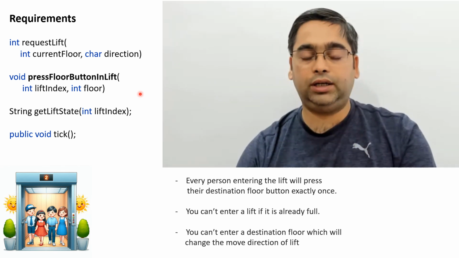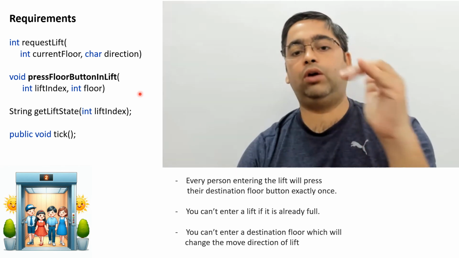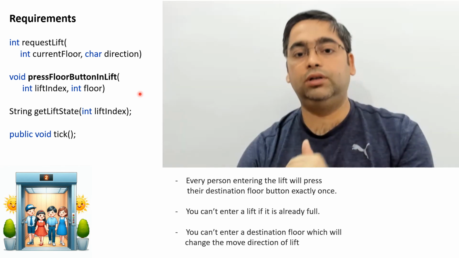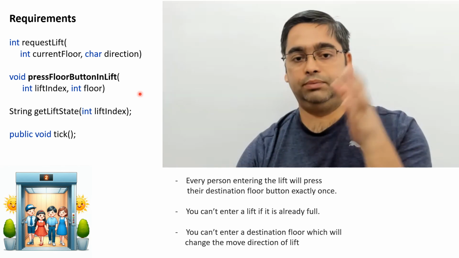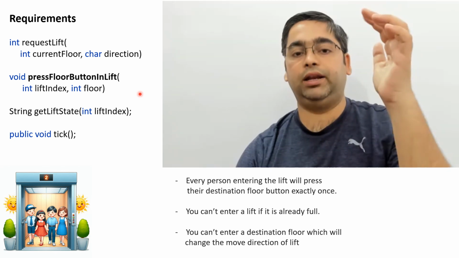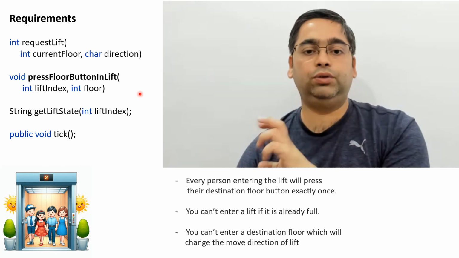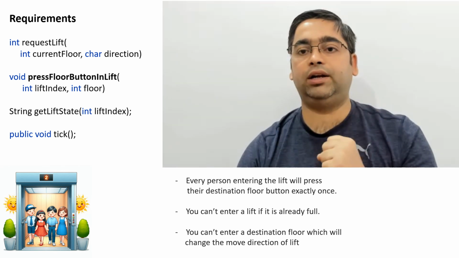You cannot enter a destination floor like 3 or 2 or 1, that is, you cannot reverse the direction of the lift. So if the lift is going up, you have to press a destination floor which is in the up direction only. Now we'll see exceptions to this case, but these are the few things that we should keep in mind for this second requirement.